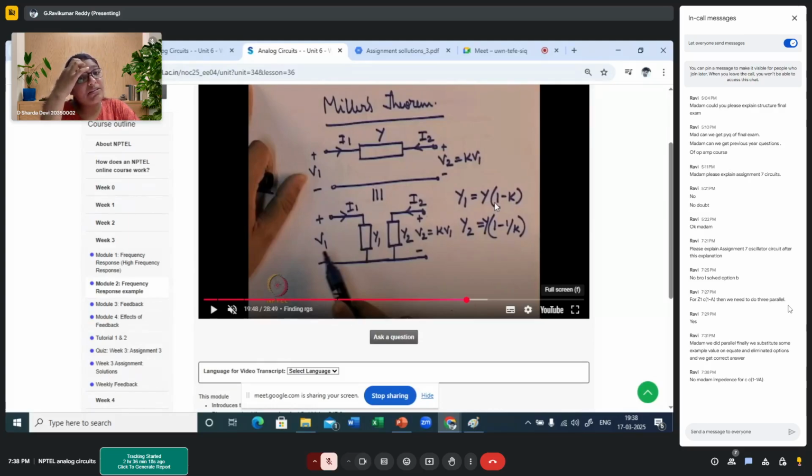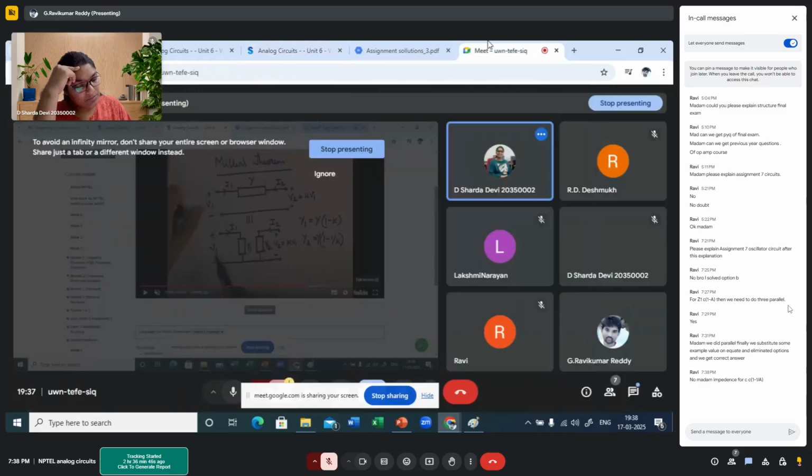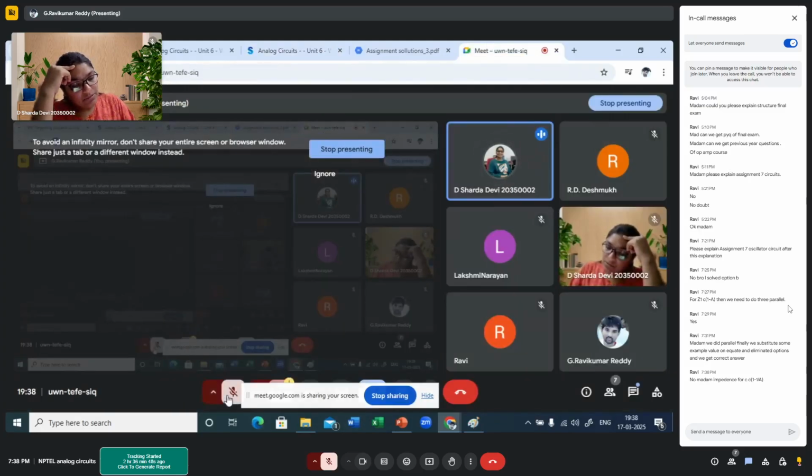Then it is 1 minus K. If at the input side we are multiplying C with 1 minus K, then it will change at the output side, and at the input also it has to change, if you are talking in terms of impedance. If it is Y times 1 minus 1 by K, that is K minus 1 by K, it would be K upon K minus 1. Okay, it is 1 minus K. So how can it be admittance?